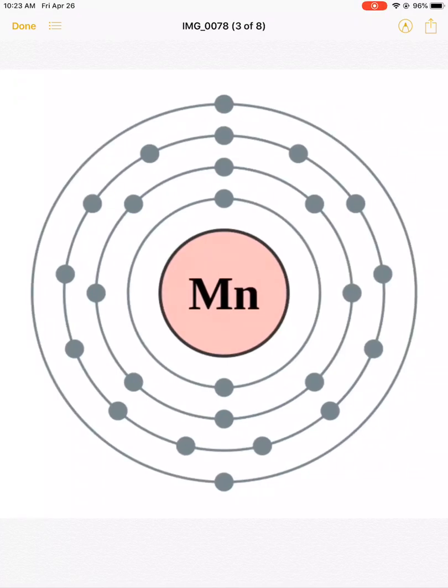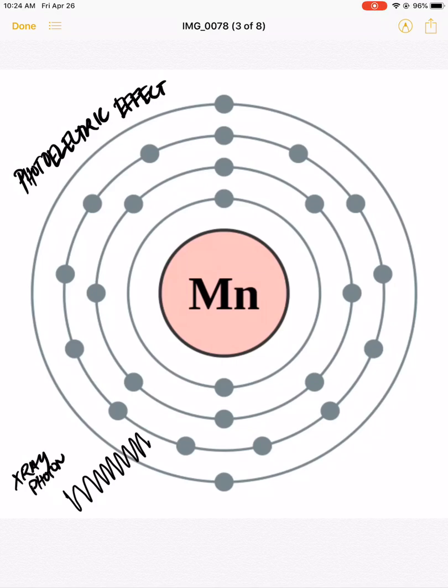So let's take a look at the photoelectric effect. What happens with the photoelectric effect is you're going to have an X-ray photon that's going to be traveling, and it's going to go straight to your inner circle, which is K. What happens is once it gets here, it gets absorbed.